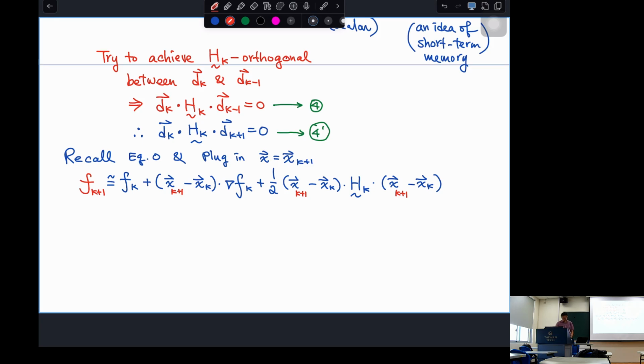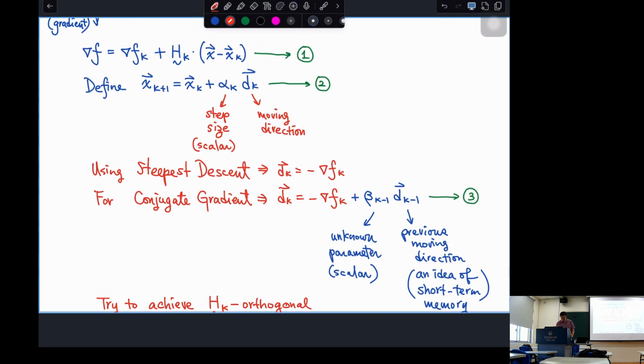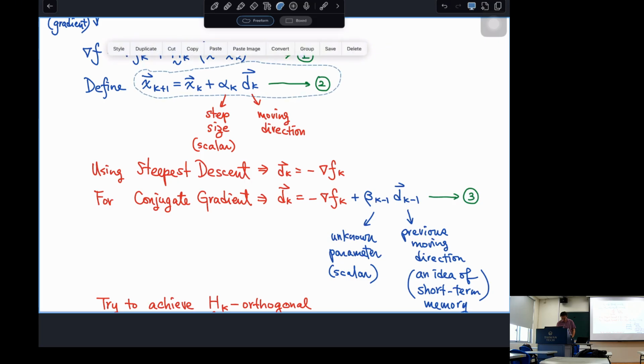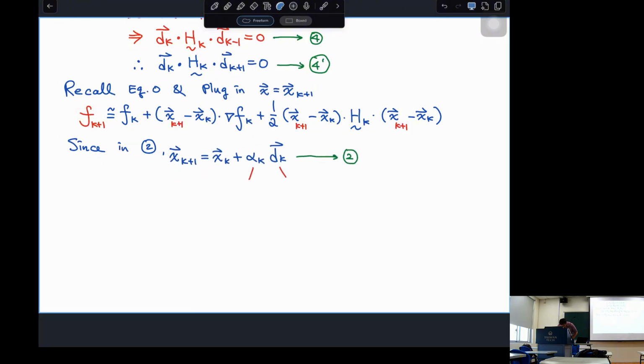And because of equation 2 right here, let me copy. In equation 2, you have xk plus 1 equals to xk plus alpha dk.